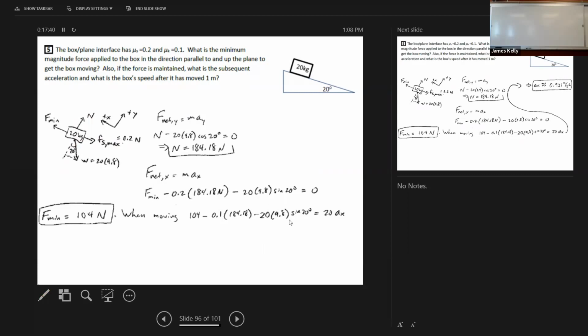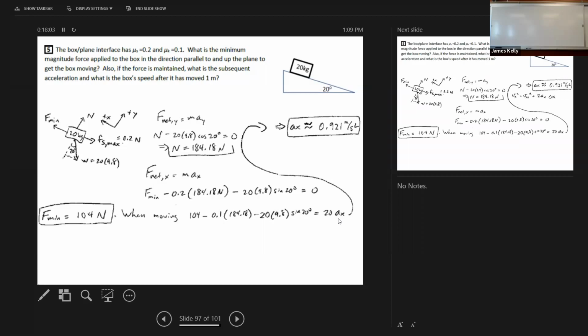And we've still got the x component of this force there. Now they're not equal to 0 anymore because it's moving. We're assuming it's going to accelerate, and so that's equal to the mass of the thing in the free body diagram, 20 kilograms times the unknown acceleration. Solve for the acceleration, something a little bit less than 1 meter per second squared.